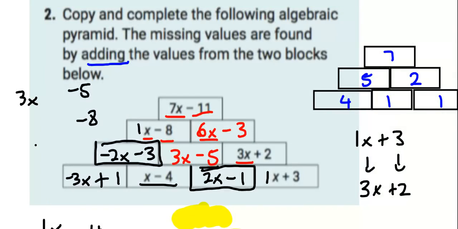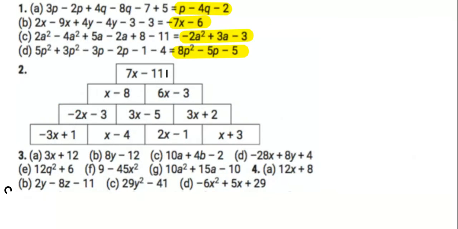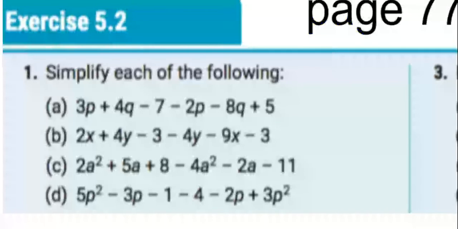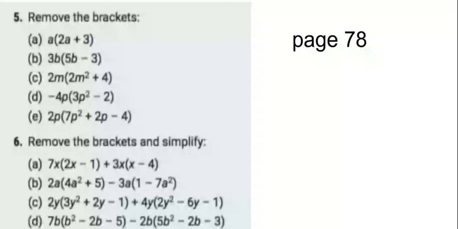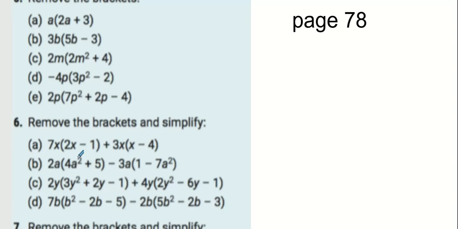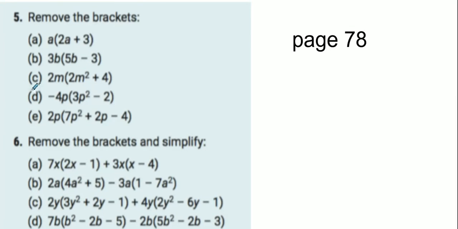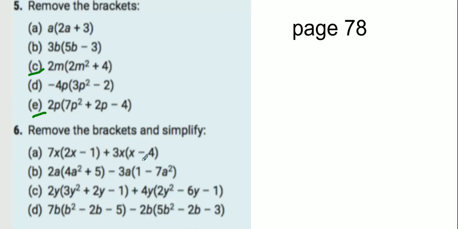Now, guys, what we're going to do next is, this is what we did the last day. All right, guys, in class now, I'd like you to try question 5, C and E, and then I'll do a bit of question 6.